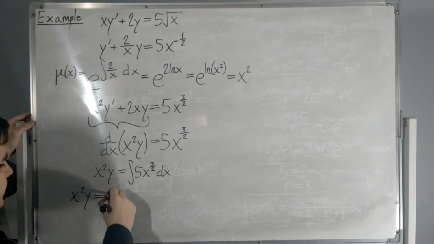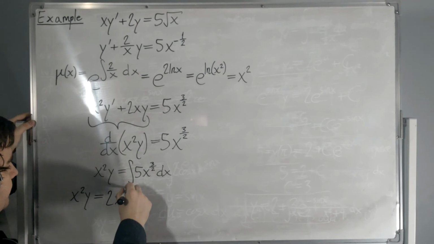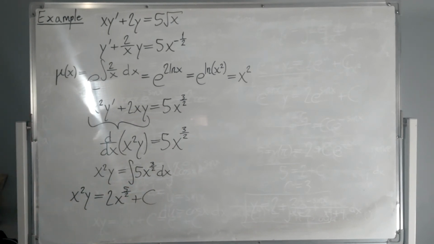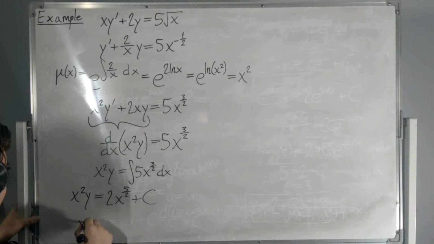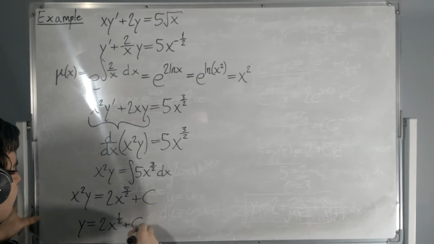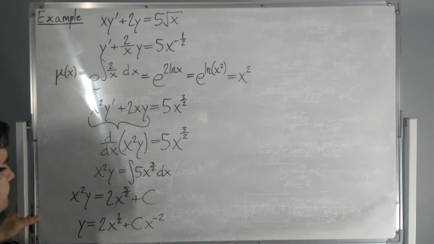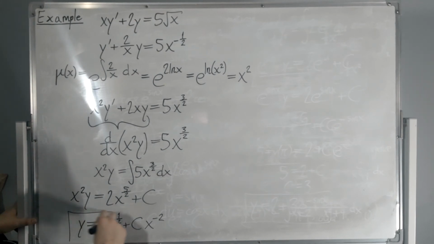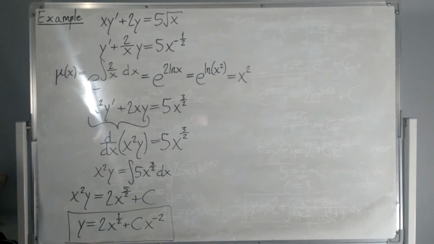Divide by 5/2, you get 2x to the 5/2 plus c. And then finally divide both sides by x squared, and you get y equals 2x to the 1/2 plus c x to the negative 2, because 5/2 minus 2 is just 1/2. And that is our general solution.